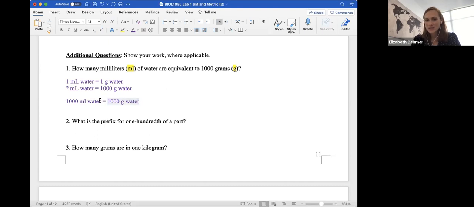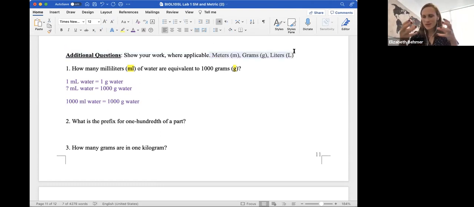And that's because, normally, we can't go between base units. What I mean is that the base units are meters, M, grams, G, and liters, L. And with those base units, we can convert in our King Henry died drinking chocolate milk chart. But normally we can never convert between the base units, like a gram to a liter or a meter to a liter, except in the case of water.